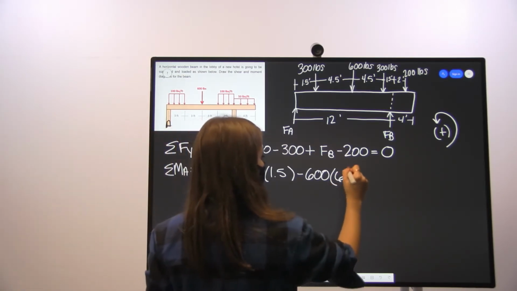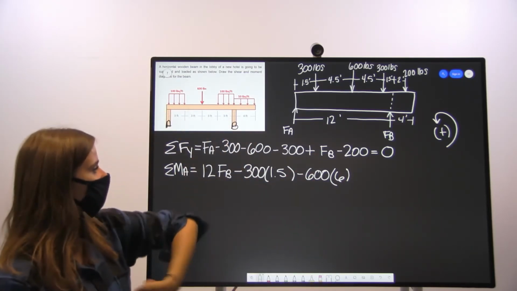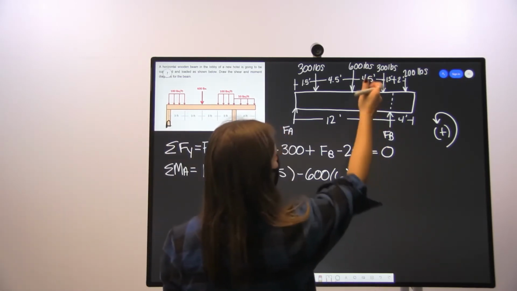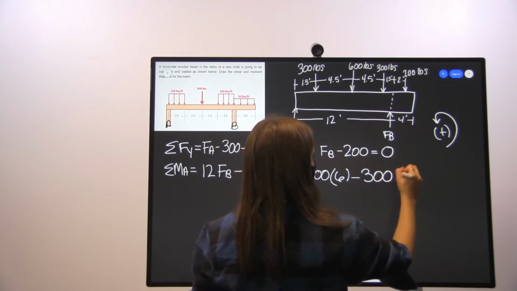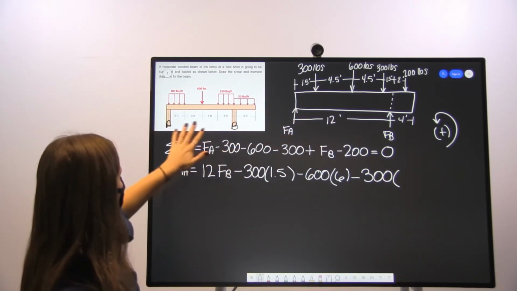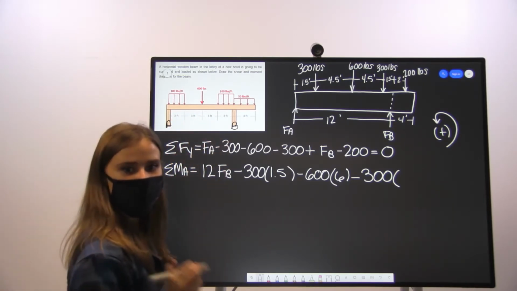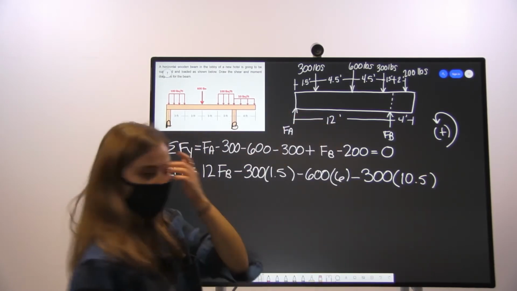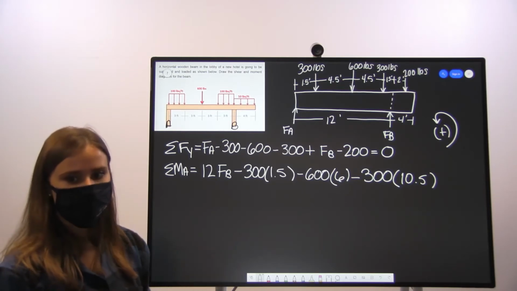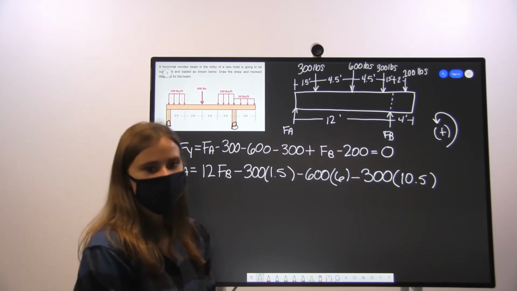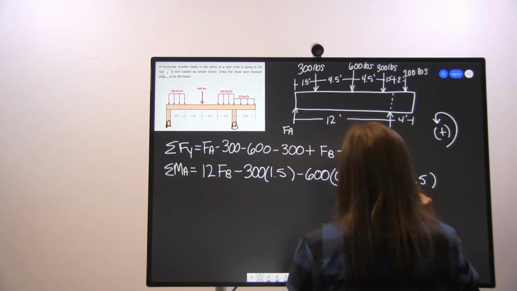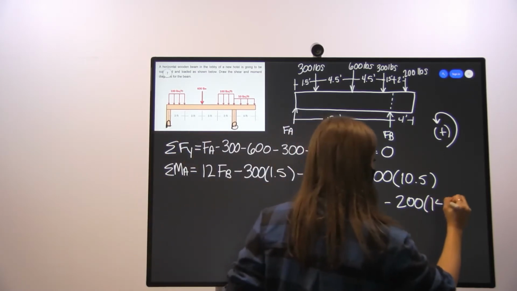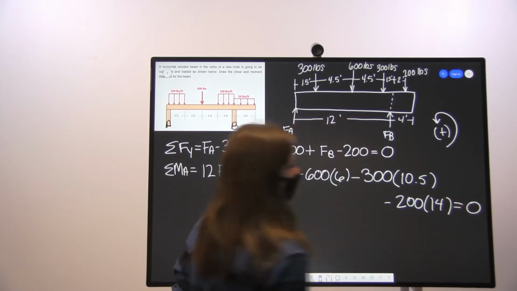So minus 600, it's negative because it's going clockwise, times 6. 6 is how far it's away from force A. And then from there, we're doing minus the other equivalent point load, minus 300, and that is 10.5 feet away from our force A. And so then we just have our remaining 200 pounds, which is our last equivalent point load, minus 200, and that's going to be 14 feet from point A.